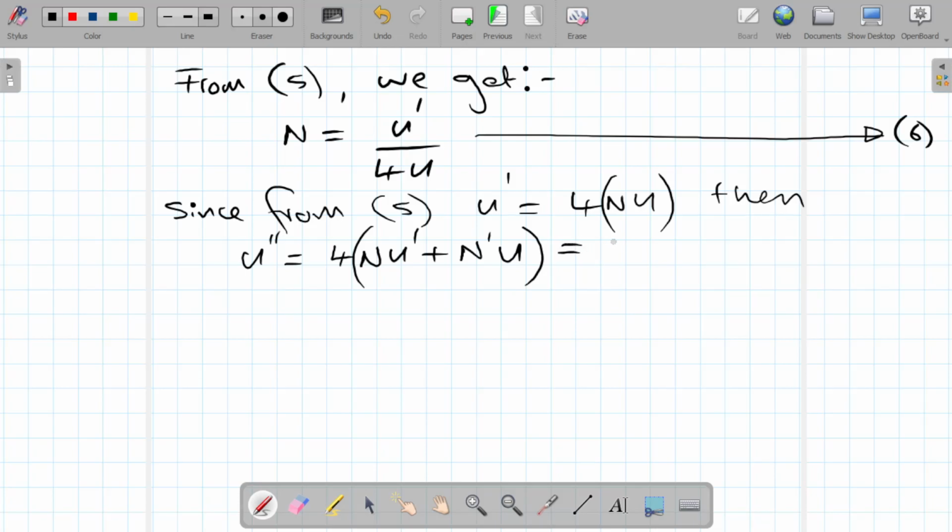Now that is equal to 4nu prime plus 4n prime u. Right, okay, so what do we do now? We need to make another substitution, so I'll just write that out again a little more neatly. So we've got u double prime equals 4n u prime plus 4n prime u.